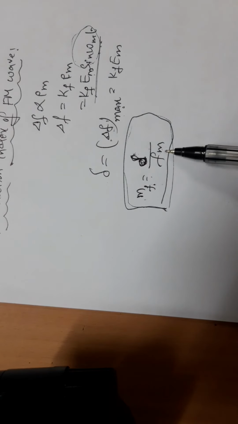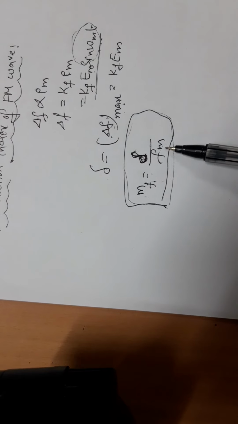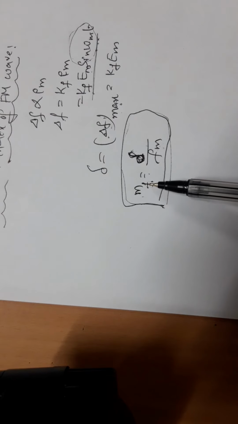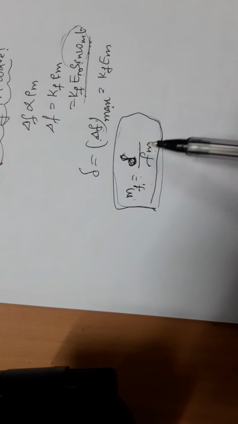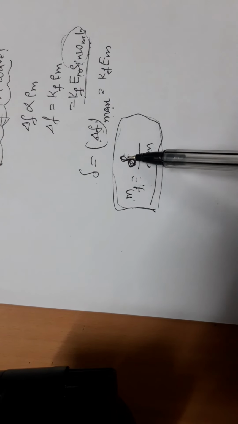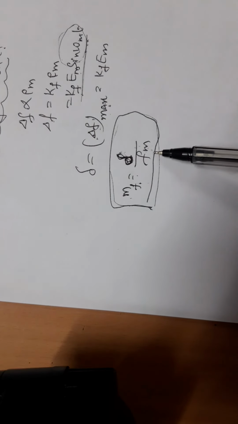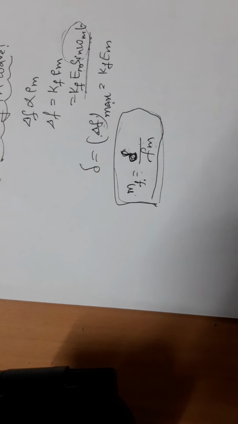Fm is called the frequency of the message signal or frequency of the modulating signal. Because when you speak, we get a number of modulating signals, a number of message signals. Among those, the maximum frequency of the modulating signal has to be considered.